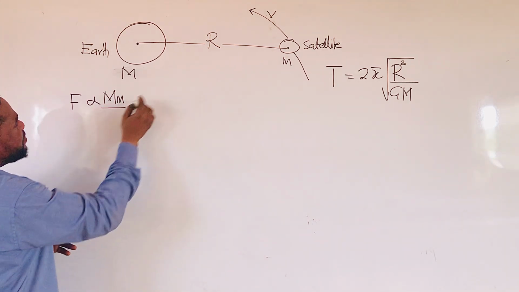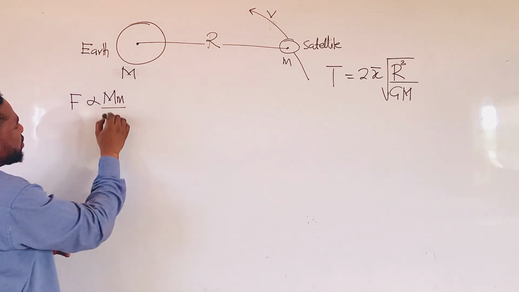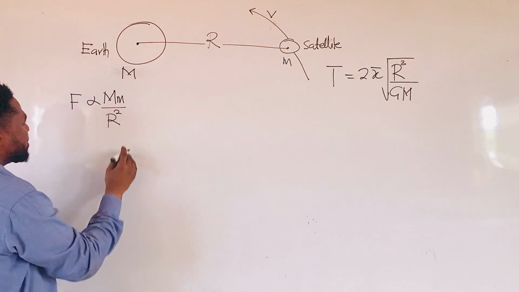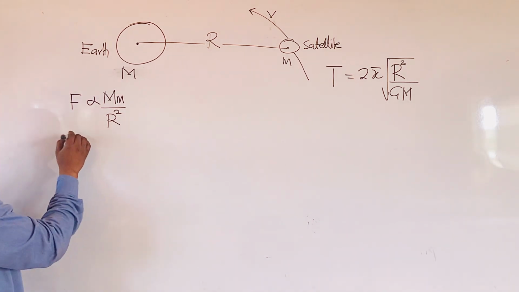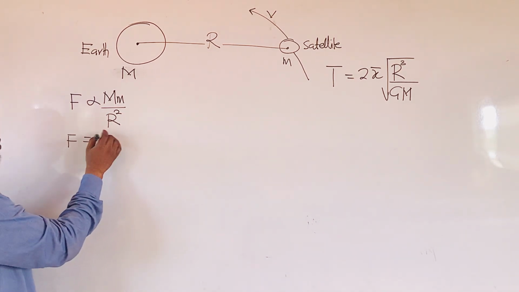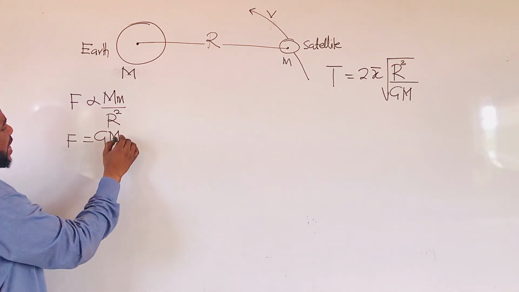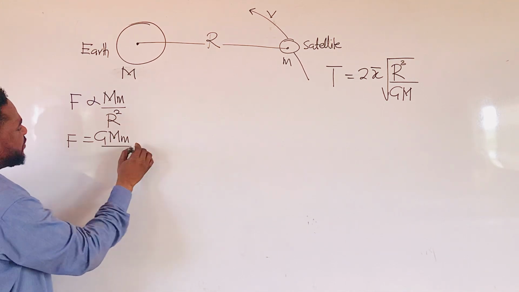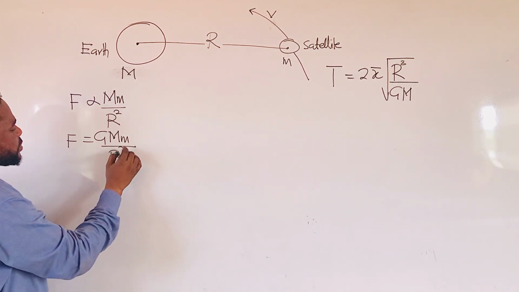So it is all divided by the distance r squared. Now we can have our F equal to big G, big M, small m, all divided by r squared.